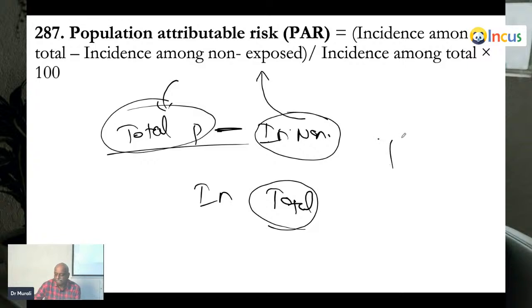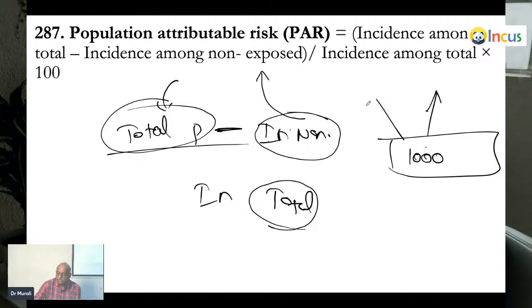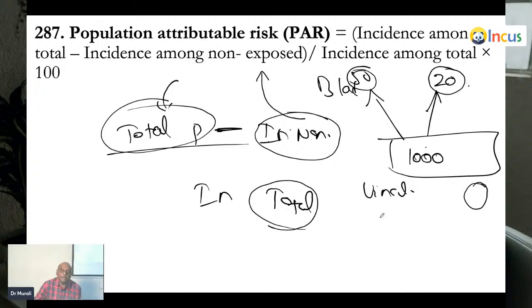So let us say 1,000 population is there. Out of the 1,000, those who are exposed to vinyl chloride, 50 developed bladder cancer. And those who are not exposed, 20 developed bladder cancer.